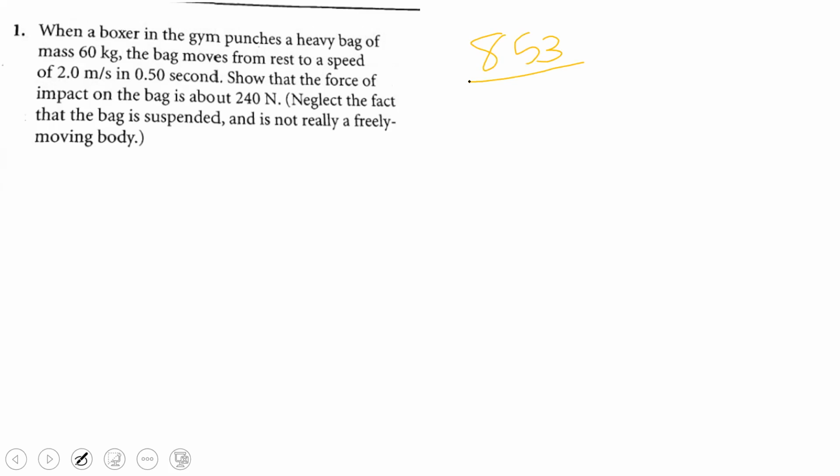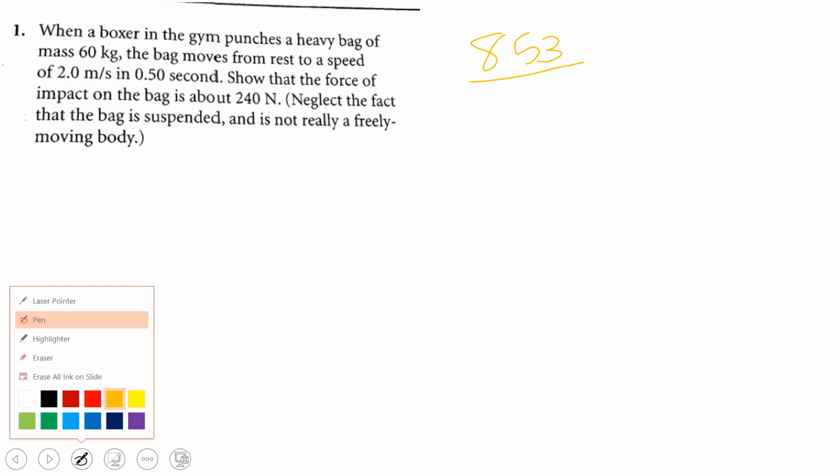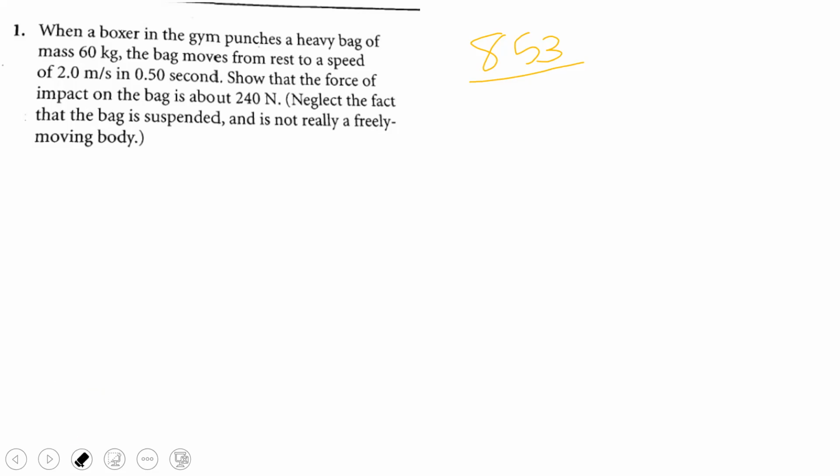Look at this one here, number 1. When a boxer in the gym punches a heavy bag of mass 60 kilogram, the bag moves from rest to a speed of 2 meters per second in 0.5 seconds.